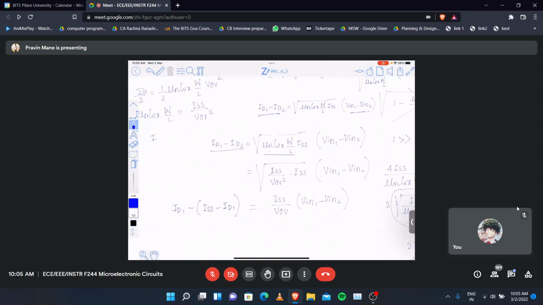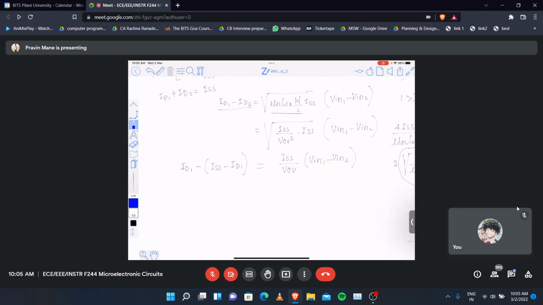ID1 plus ID2 is ISS, so ID2 can be written as ISS minus ID1. Then twice ID1 minus ISS is equal to ISS divided by the overdrive voltage times (Vin1 minus Vin2), which I can safely write as VID.